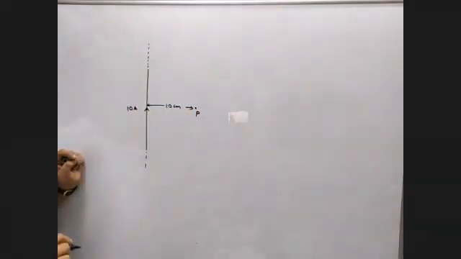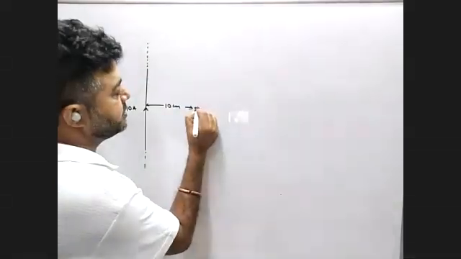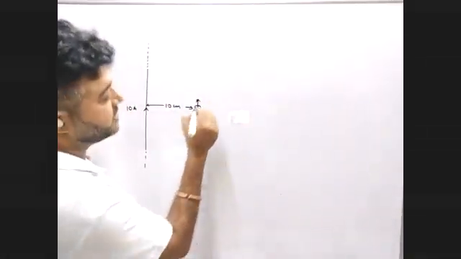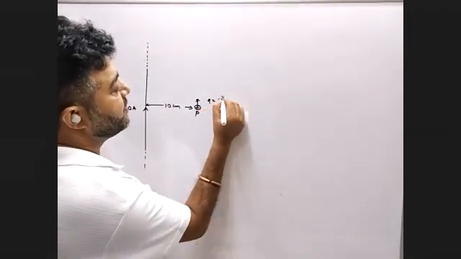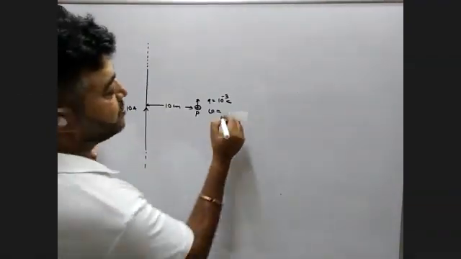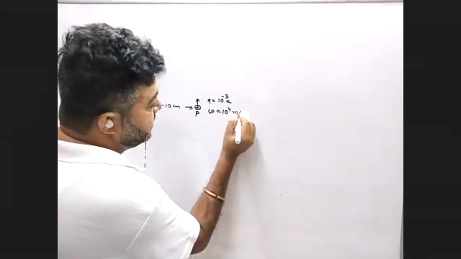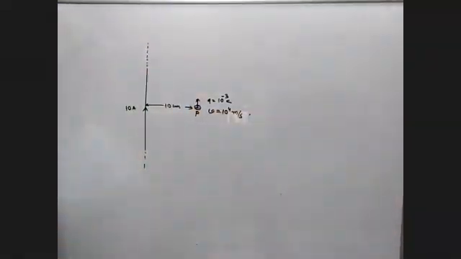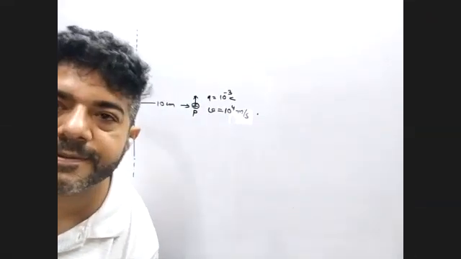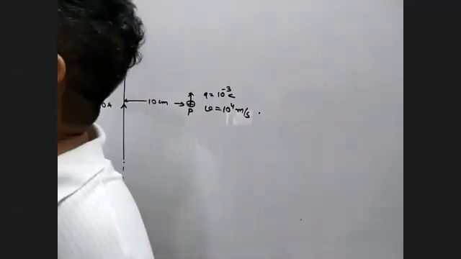Suppose a positive charge of 10 to the power minus 3 coulomb is moving with velocity 10 to the power 4 meter per second. Find the force applied on the charged particle.